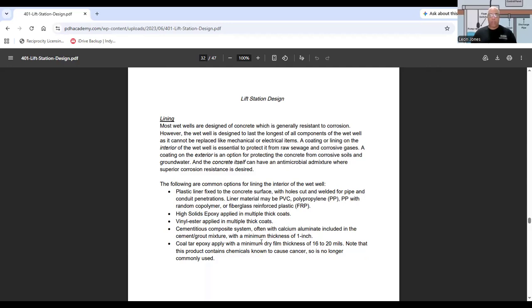A coating on the exterior is an option for protecting the concrete from corrosive soils and groundwater, as the concrete itself can have an antimicrobial admixture where superior corrosion resistance is desired. And here are the following types of common options for lining the wet well: plastic liner, high-solids epoxy.